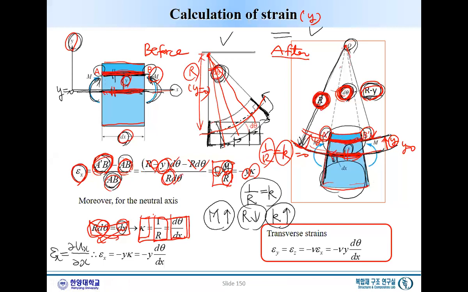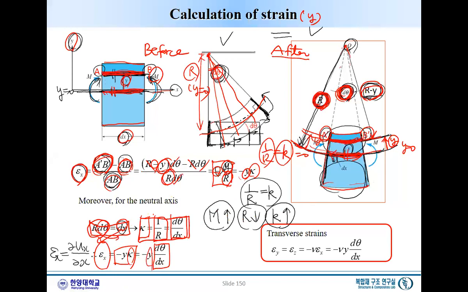So this theta is the same as this theta. So epsilon x is minus y k, where k should actually be curvature, kappa, but I just call it k for simplicity. Kappa is the more accurate name. Minus y curvature, where curvature is 1 over r, which is d theta dx.